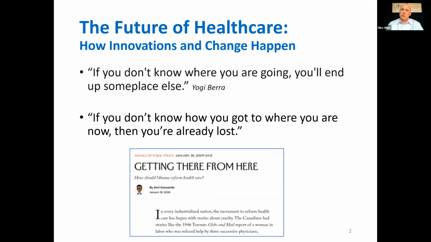And then simultaneously, you got to look at the past, because the flip side expression is, if you don't know how you got to where you are today, you're already lost, which really means you've got to understand what the healthcare system is now if you want to try and improve it and build upon it and adopt innovations. And I think in the reading list, there was this great article from Atul Gawande from 2009 about explaining how different countries got their healthcare systems.